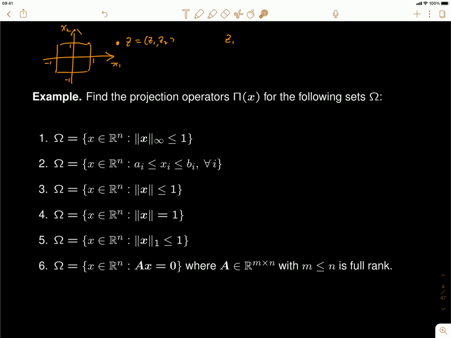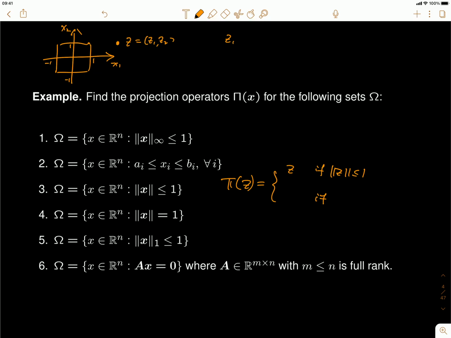Okay, and we can also check, for example, this one. This is typically just the unit ball in Rn. To project a point back to this, we check if the norm of z is already less than or equal to 1. Then the projection pi of z is just equal to z itself, since z is already in the ball.